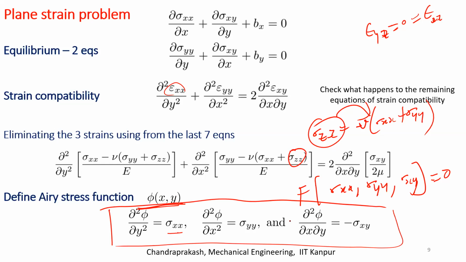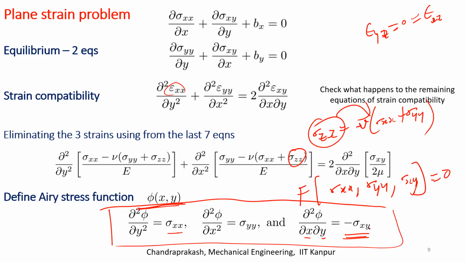And likewise, if I differentiate with both of the in-plane variables x and y, I will get the negative of the shear stress. This is how that great man Airy defined this function. If you are interested in mechanics, you should go ahead, and there are still some unsolved problems in elasticity, by the way, which maybe your thesis will help you take up. So this is how this function is defined.